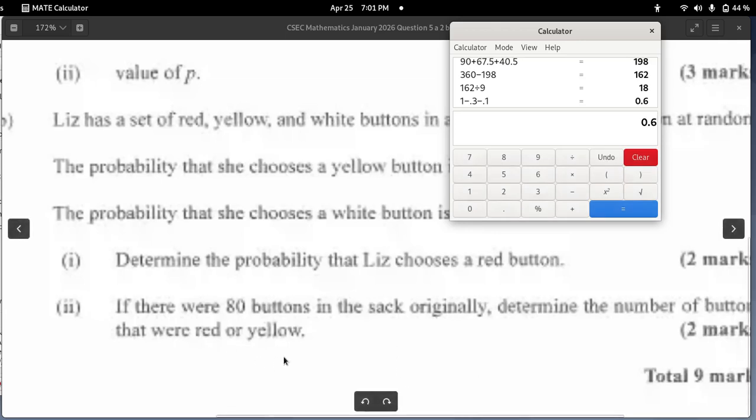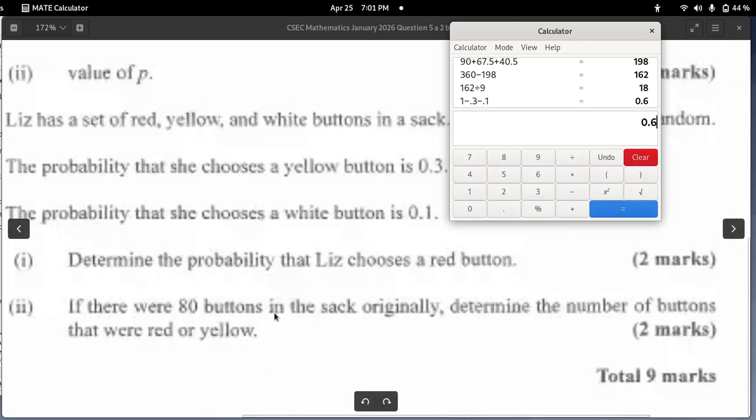Now, the next thing. If there were 80 buttons in the sack originally, determine the number of buttons that were red or yellow.